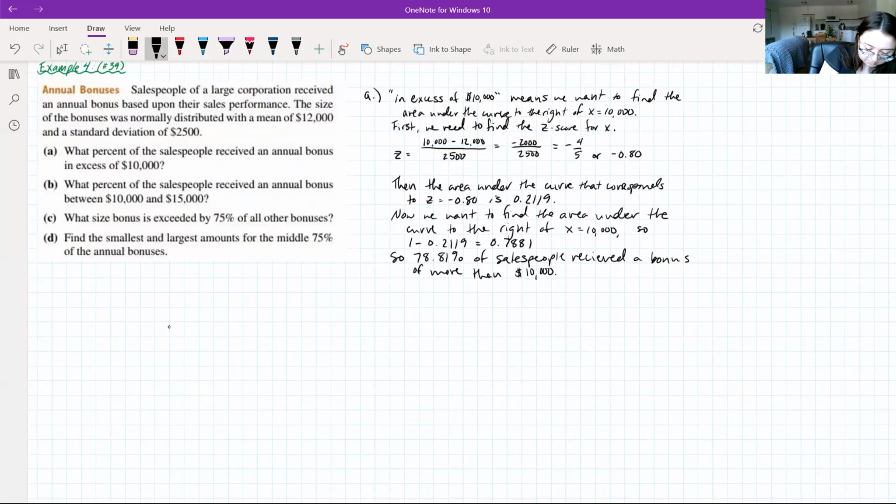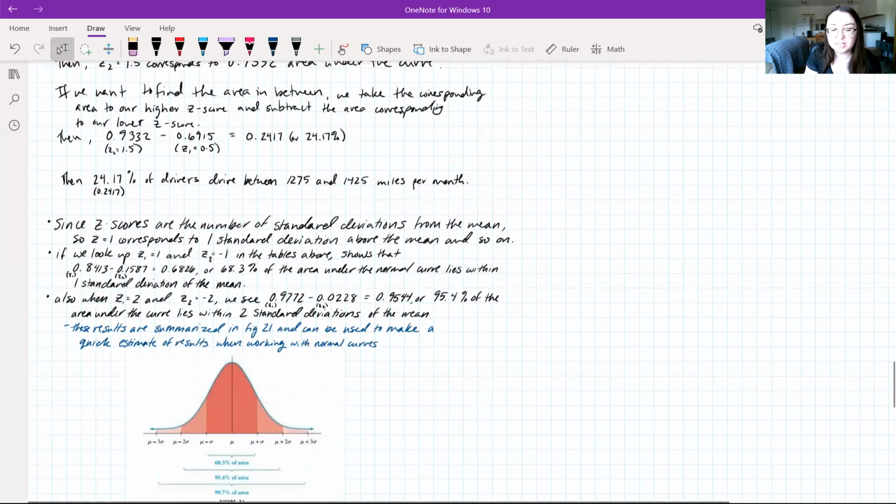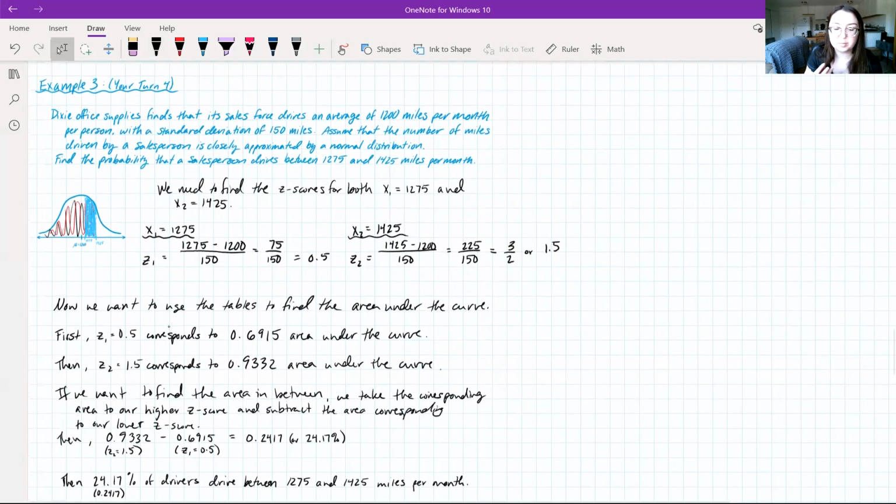Now for part B. Now for part B, we want to find what percent of the salespeople received an annual bonus between $10,000 and $15,000. So remember, this is the same idea that we did for example 3.